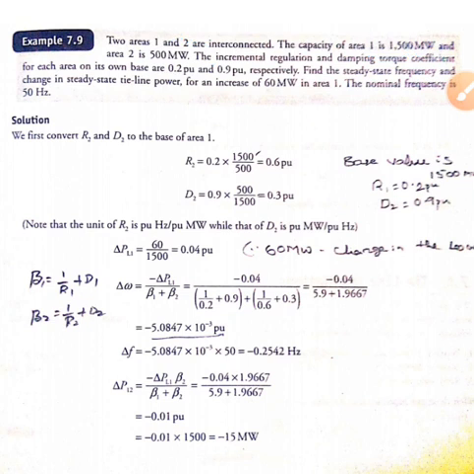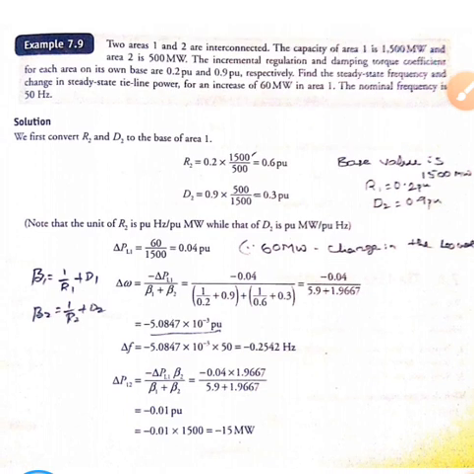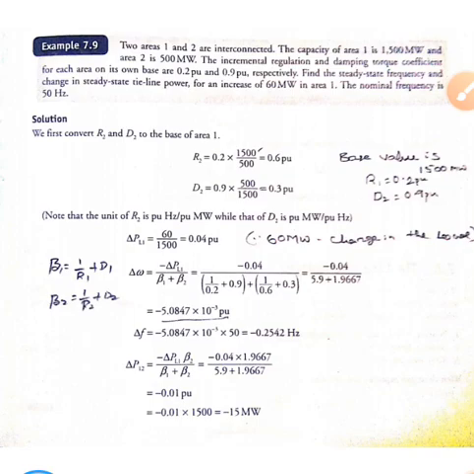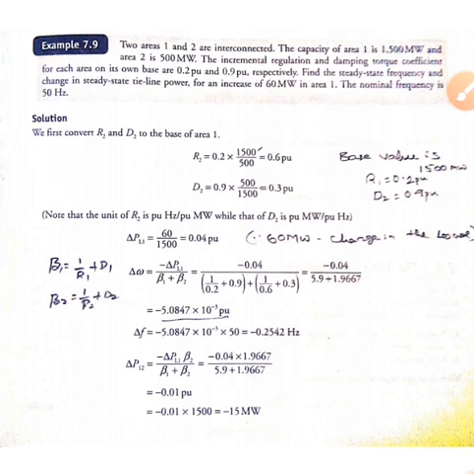So here we can take the base value as 1500 megawatt. We could even take 500 megawatt, but here we consider the base value as 1500 megawatt. With respect to this, we need to calculate R1, R2, D1, D2.